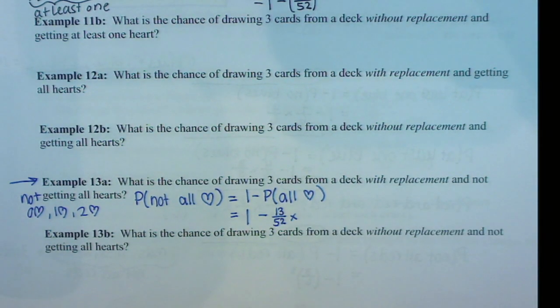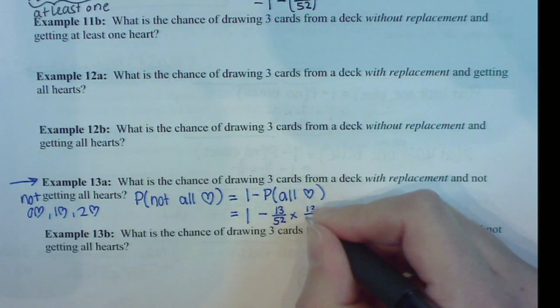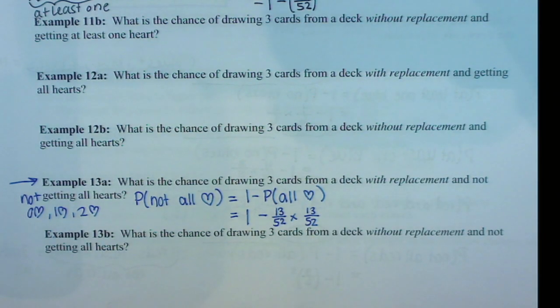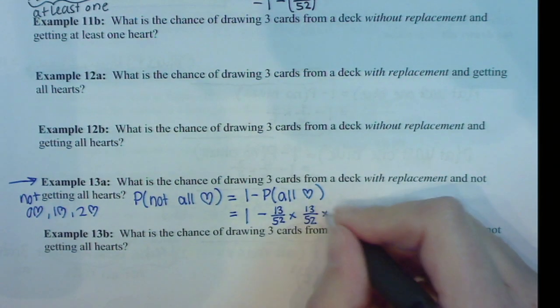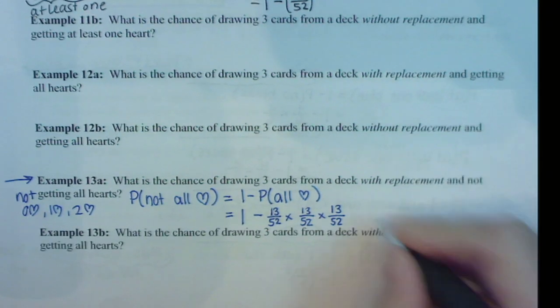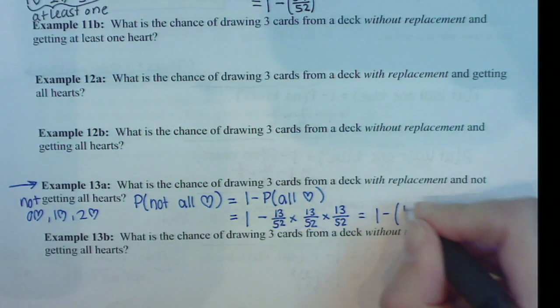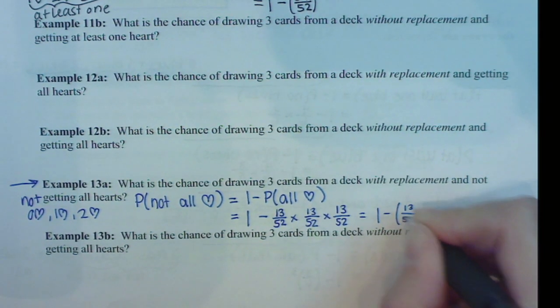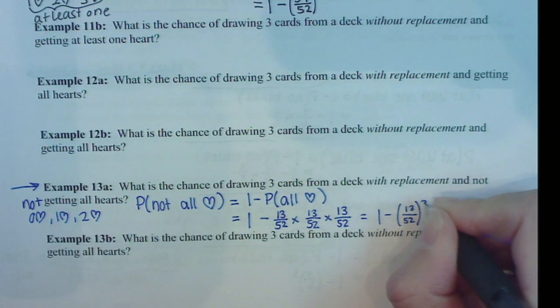So my chance of getting a heart on the second card is actually the same. I still have 13 hearts and 52 cards because I took out my heart, but I put it back in. And if it's with replacement, the deck doesn't change. So I could actually write this. If I wanted to, I could write this as 1 minus 13 over 52 cubed.